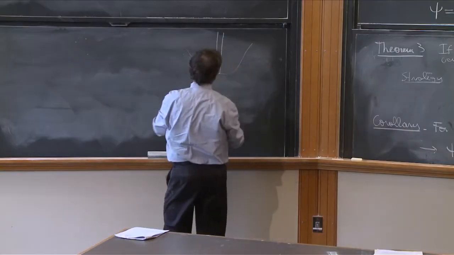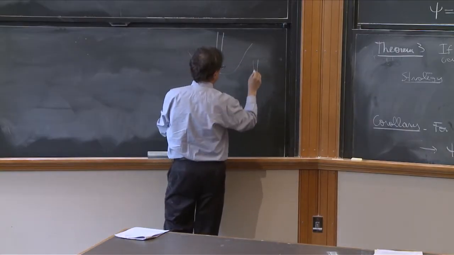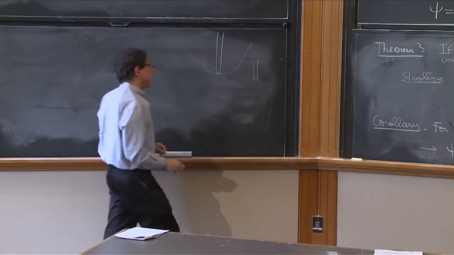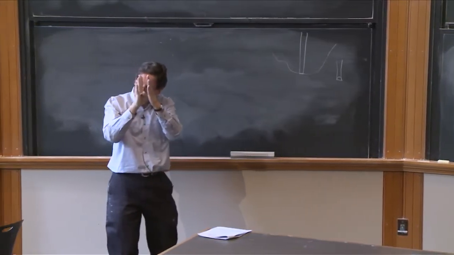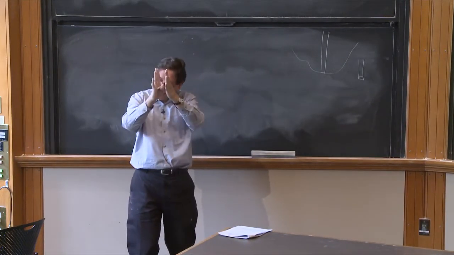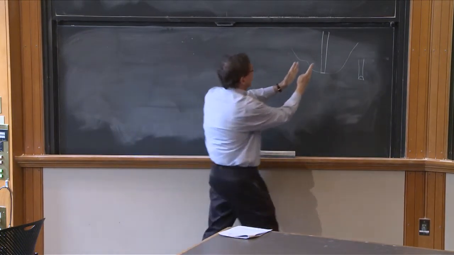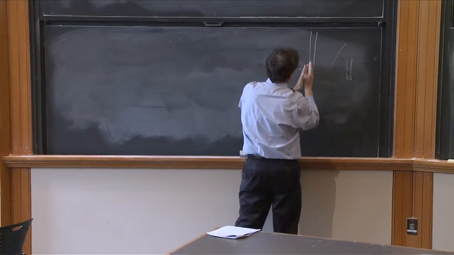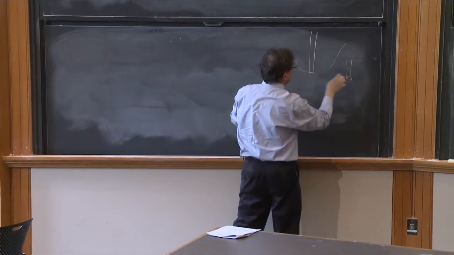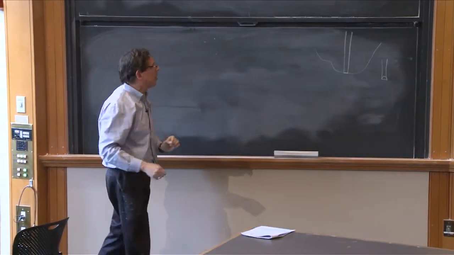You make it grow, and what you know is that for the infinite square well, the first wave function has no node, and as you change the shape to make the potential really what it's supposed to be and not just that of a square well, the wave function cannot gain a node.